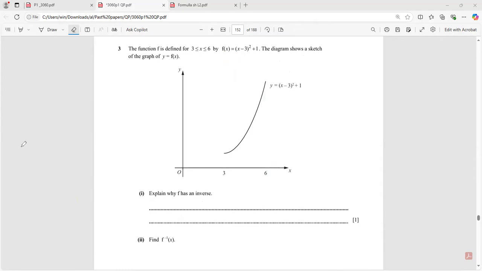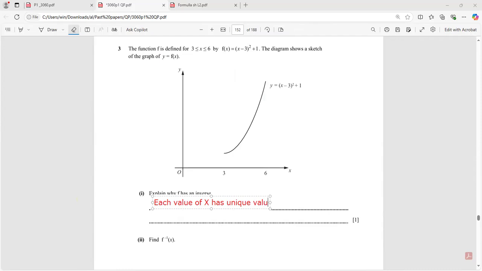It's the same question as why f is a function, because each value of x has a unique value of y.